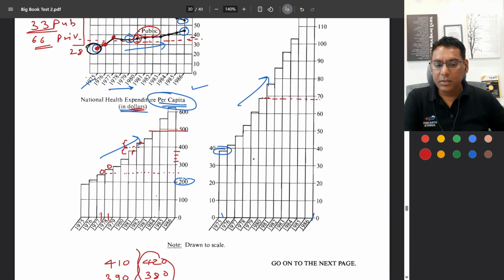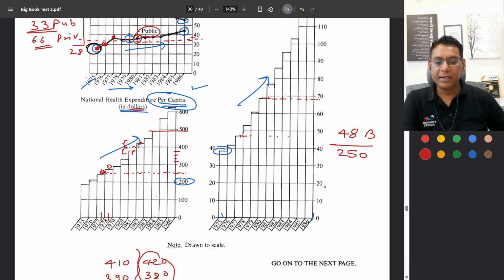All right, let's say for 1977 the total was 48 billion, right? 1977, 48 billion. For 1977, the per capita was, I think we have done that somewhere, this number, 250.